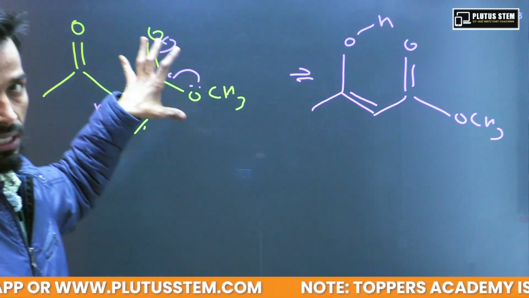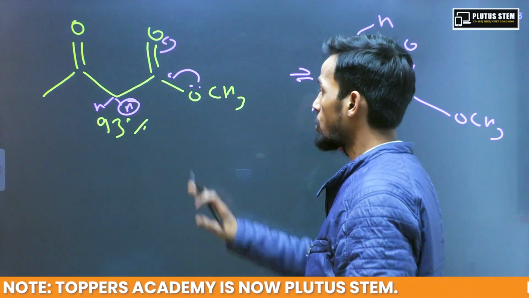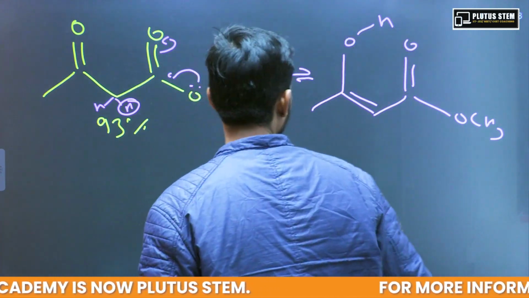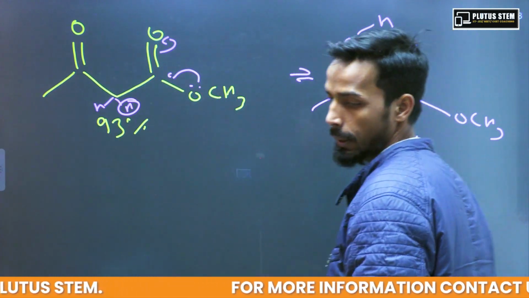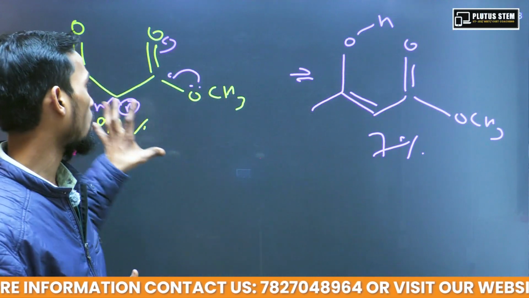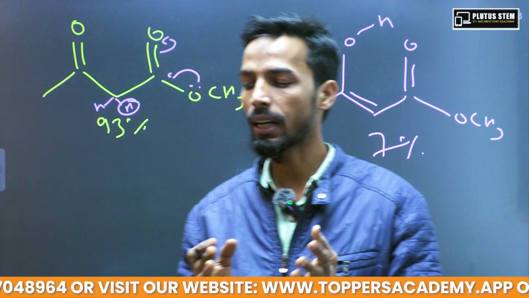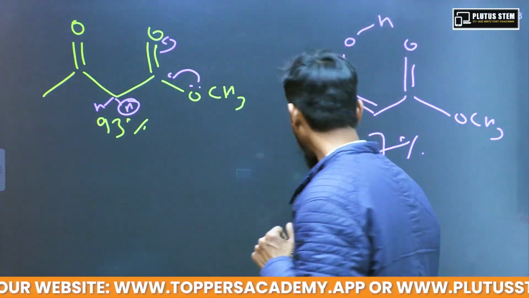Already there is conjugation present in this compound. That's why those hydrogens are not that much acidic. So this content is 93%, and this is only 7%. But generally in all the cases, we are going to see keto percentage as very high.